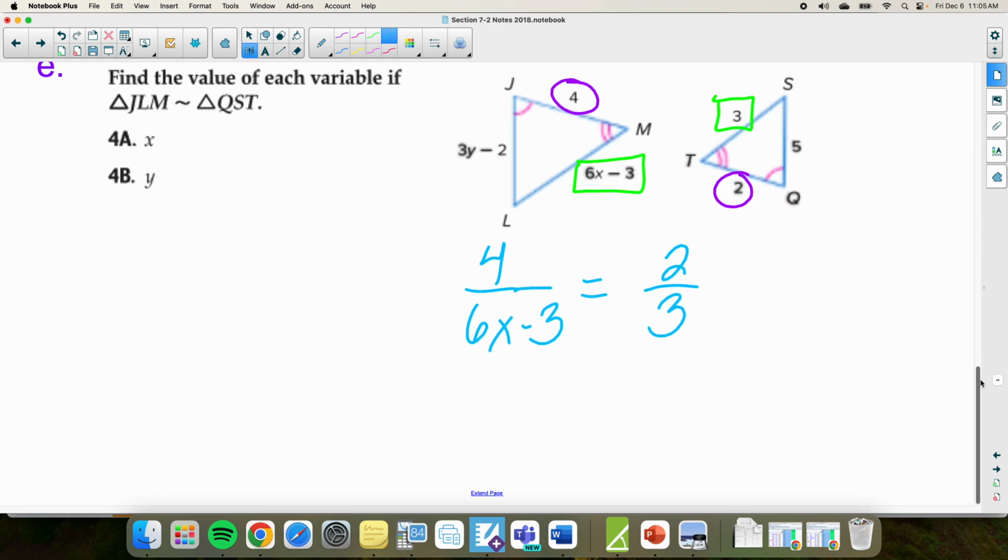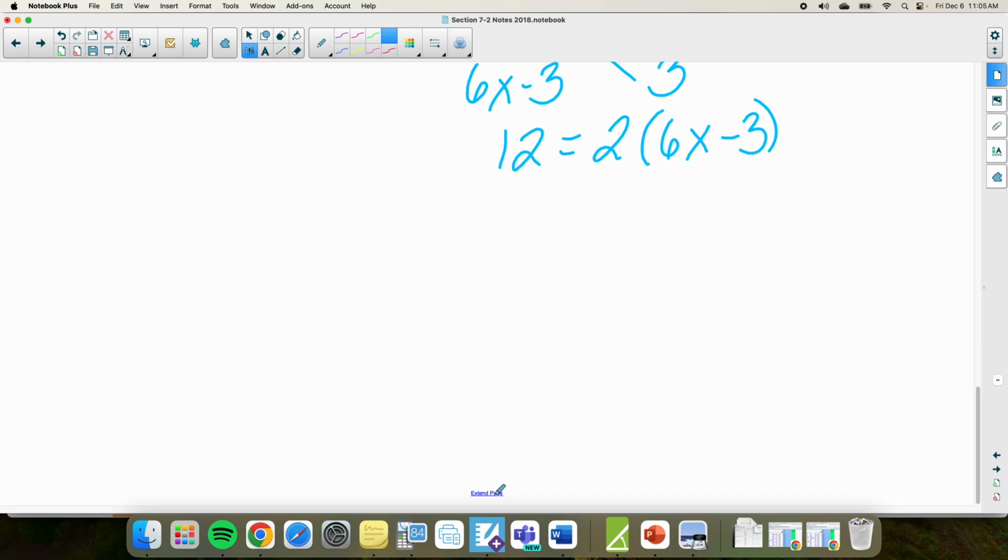And then we would just cross multiply. 4 times 3 is 12. And then it's 2 times 6x minus 3. Then we would distribute, and we would get 12 equals 12x minus 6.